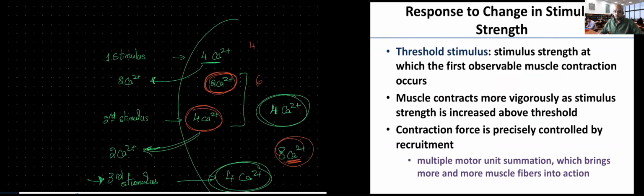Another factor that affects the strength of the muscle contraction is the strength of the stimulus it receives. The minimal stimulus that you're going to respond to, to create a muscle contraction, is what we call the threshold stimulus.